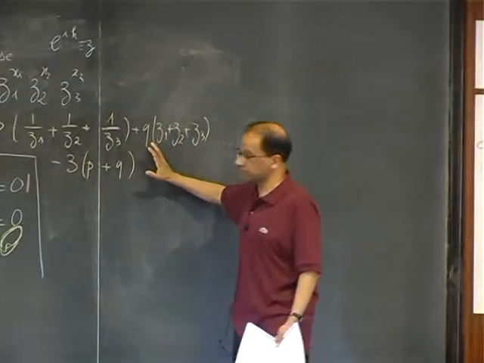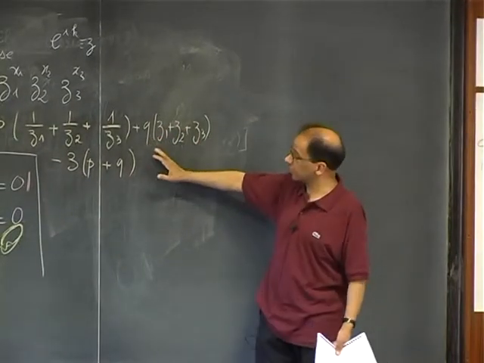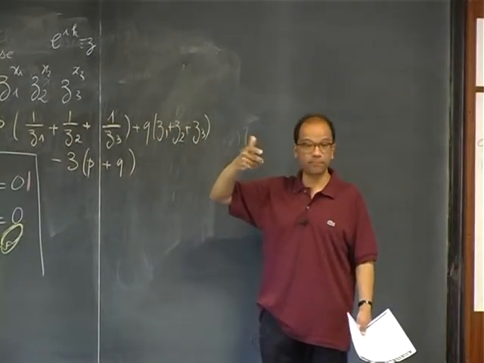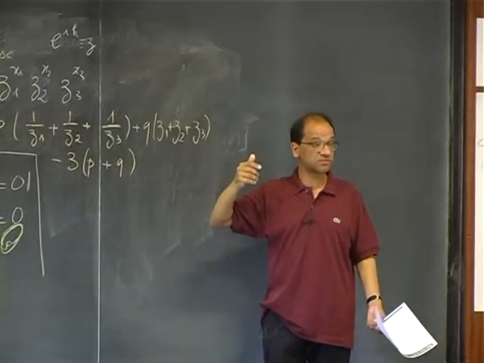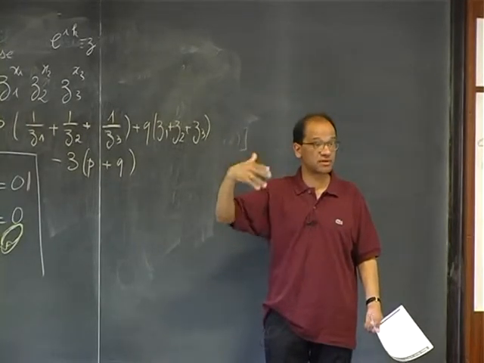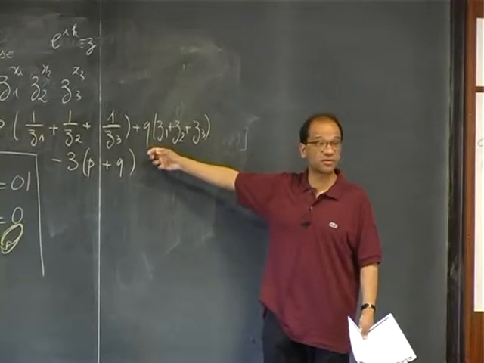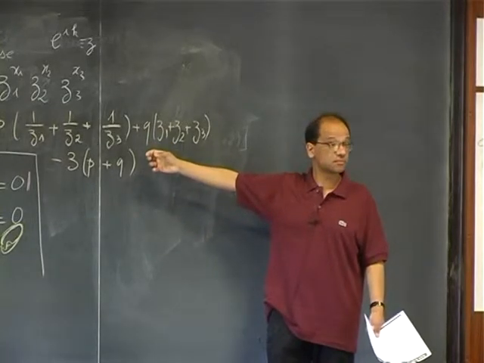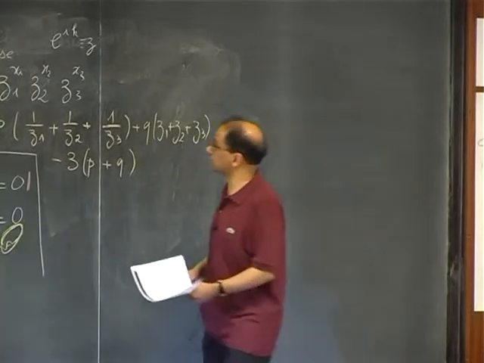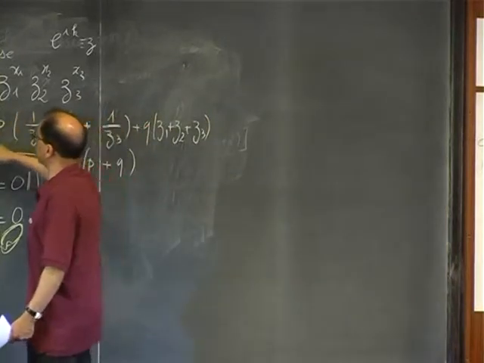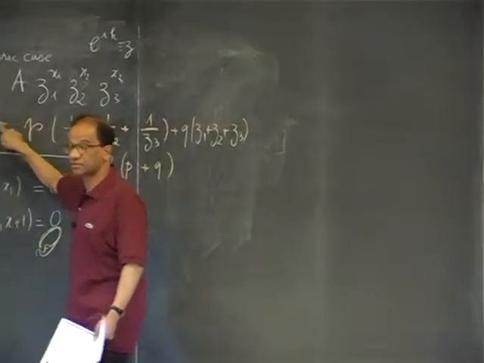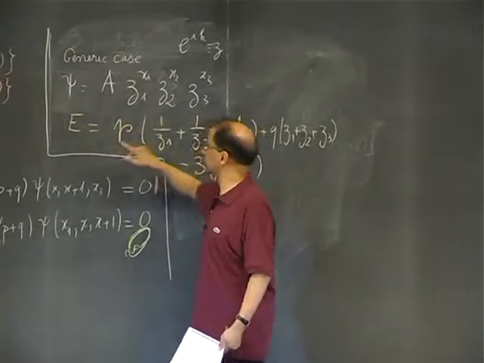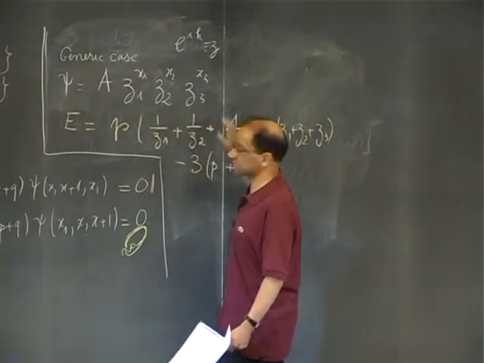You observe that E is invariant if you permute Z1, Z2, and Z3. Any exchange of Z1, Z2 and Z3 leaves this completely invariant. So in fact, I'm perfectly allowed to say that this is threefold degenerate: any permutation of Z1, Z2, and Z3 generates this energy level.